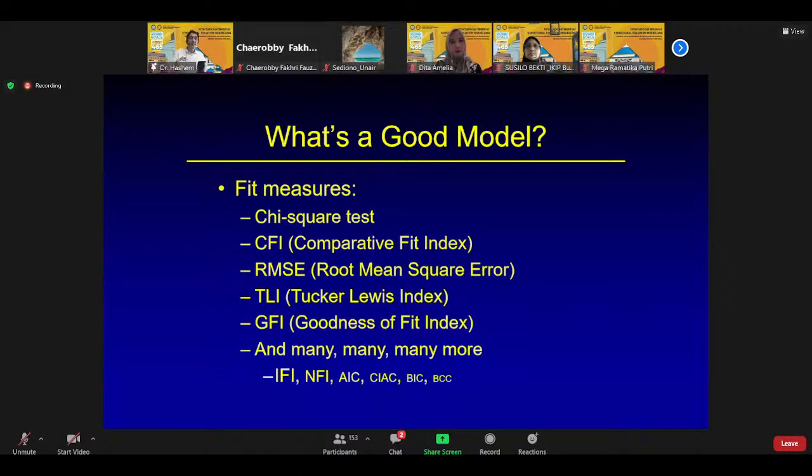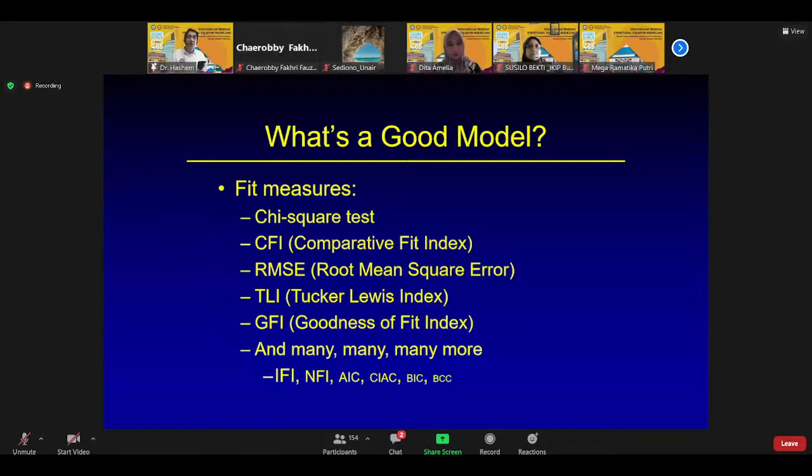Maybe the framework that you prepared is accepted in one population, while in the other population it is not accepted. And as a statistician, a mathematician, you know that if the model is not fitted, it means there is some problem in your data analysis, some problem in how you collected your data, even some problem in matching the variables inside the framework. So you have to think about how to redesign your model, right?